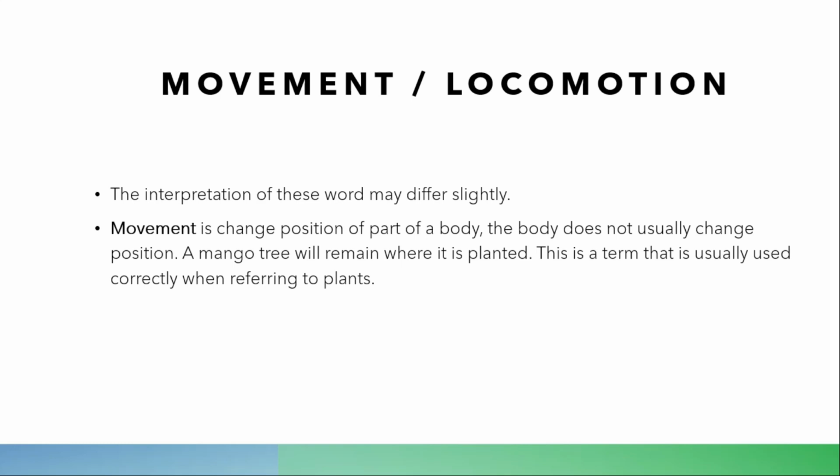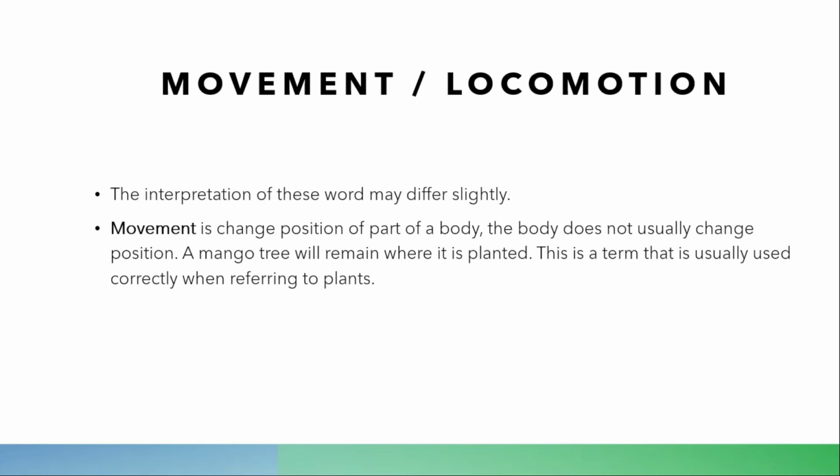Now, a mango tree will remain where it is planted. The term movement is usually used correctly when referring to plants. Why this is said is because plants will not displace their entire body. Somebody is going to talk about banana being a rhizome and ginger being a rhizome, and they are moving from where they were planted.